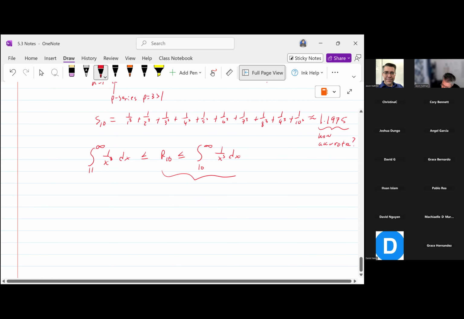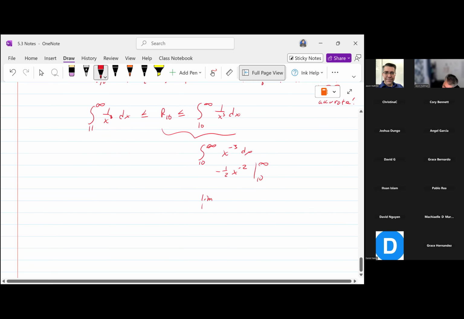So I'm just going to do this integration. This is the integral from 10 to infinity of x to the negative 3 dx. Add 1 to that, that's negative 2, divide. So we get negative 1/2 x to the negative 2, evaluated from 10 to infinity. That's the limit as t goes to infinity of negative 1 over 2x squared.